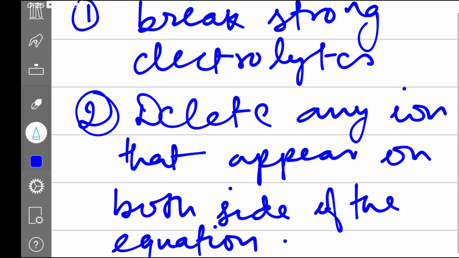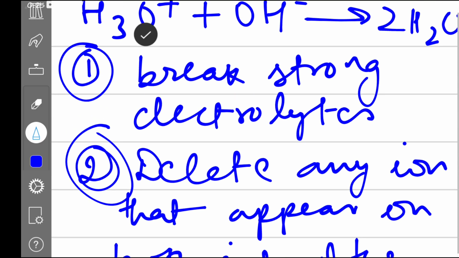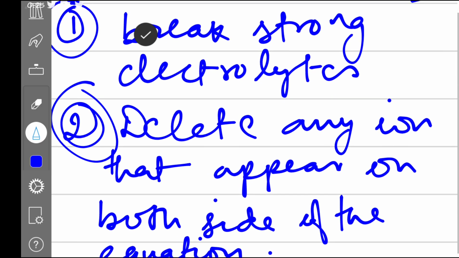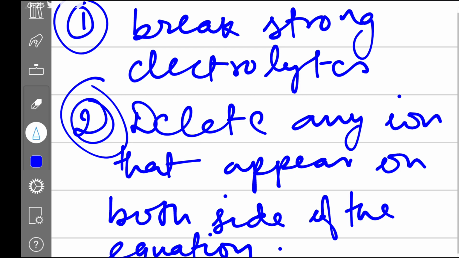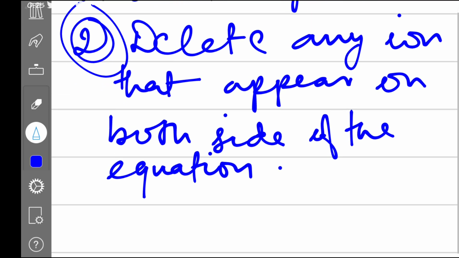Fine. So rule 1 is the tricky one, because you have to identify which are strong electrolytes. So let me tell you first. Strong acids are like HCl, HBr, HI, HNO3.